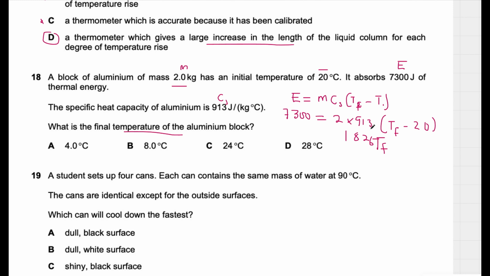This 1,826 times 20, we get minus 1,826 times 20. 1,826 multiplied by 20, we get 36,520.